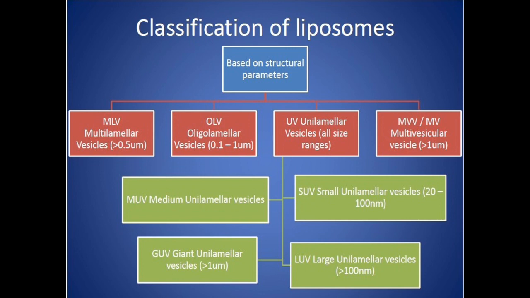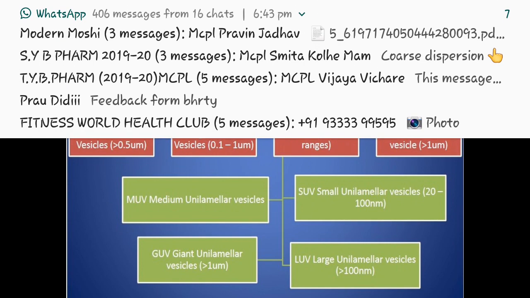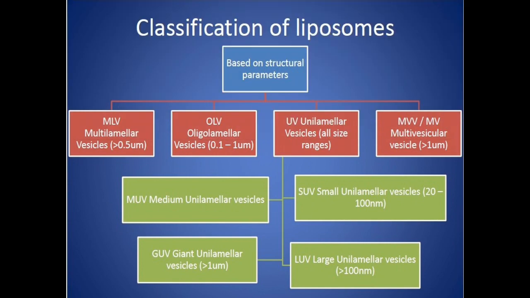This MLV is nothing but your multilamellar vesicle, wherein you are going to find a particle size which is greater than 0.5 micrometer. OLV, that is oligolamellar vesicle, wherein you are going to identify a particle size in the range of 0.1 to 1 micrometer.